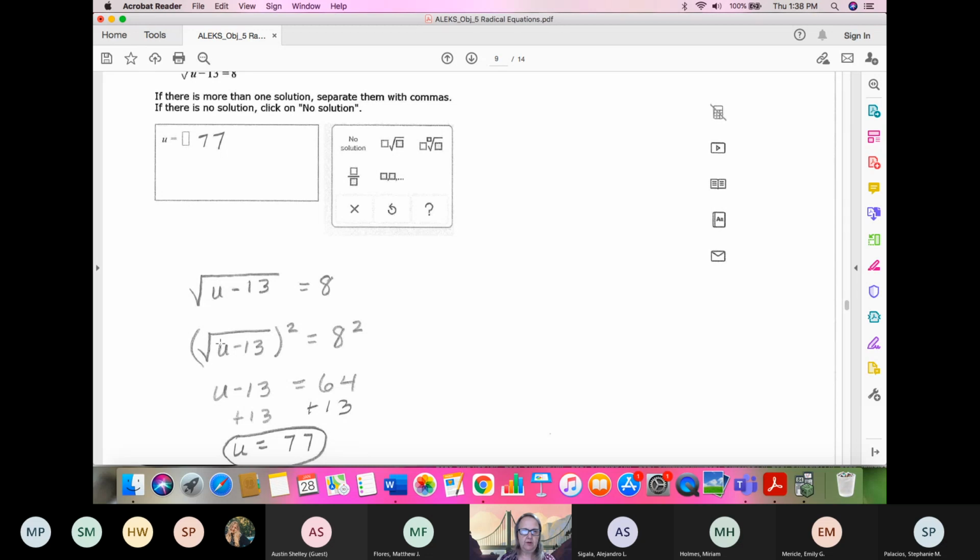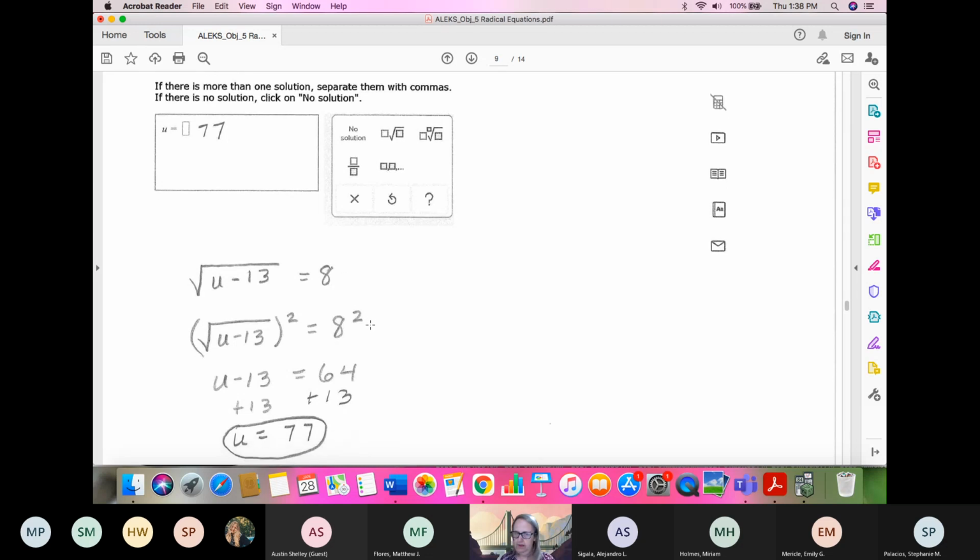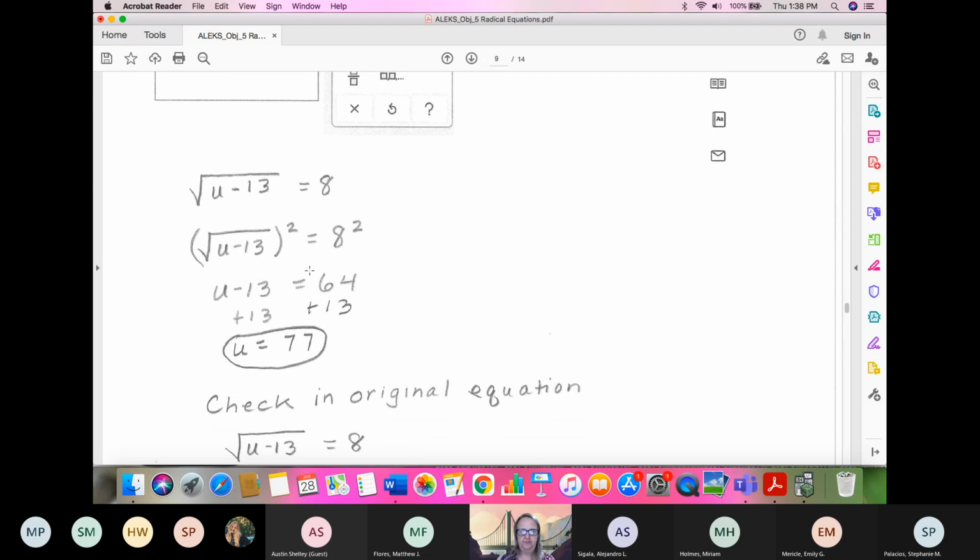I put this square root of u minus 13 in parentheses and squared it, and also squared the 8 to get 8 squared. Next step, solve. Squaring undoes square rooting, so we just get what's inside the square root, which is u minus 13. 8 squared is 8 times 8, which is 64.